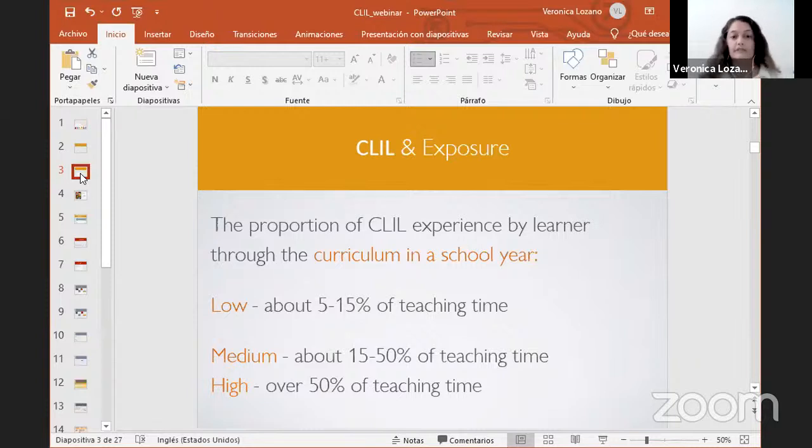Then it might be the case that you do a little bit more than one page per week, from 15 to 50% of your teaching time. That would be a medium exposure, but if over 50% of your teaching time is aimed at teaching content in English, then you have a high CLIL exposure.